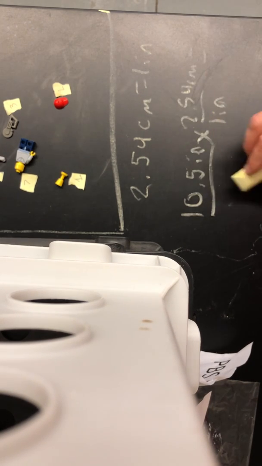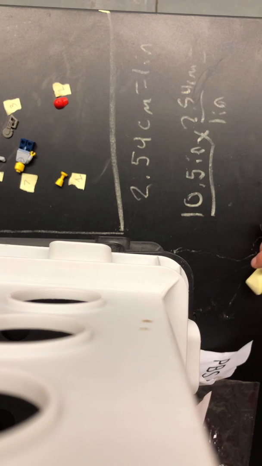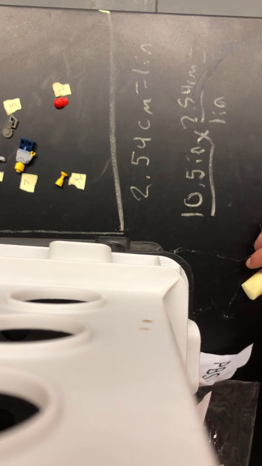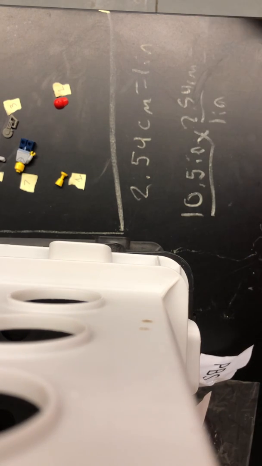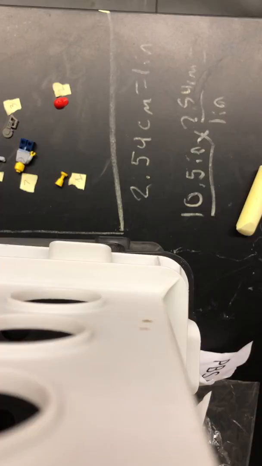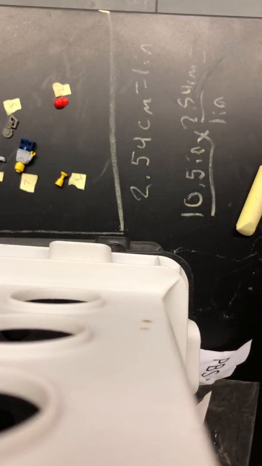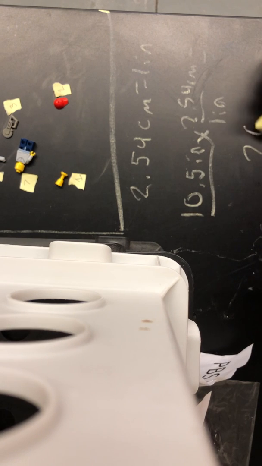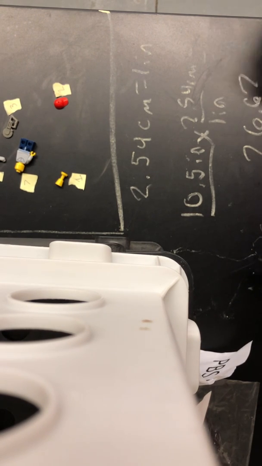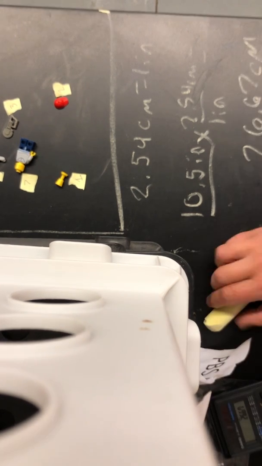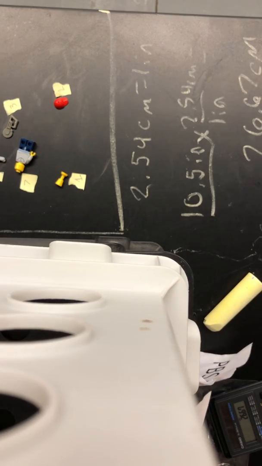So you're going to multiply 10.5 times 2.54, which would be approximately 20, well, let me get a calculator and do that so I can give you the exact. 2.54 times 10.5 equals 26.67 centimeters.